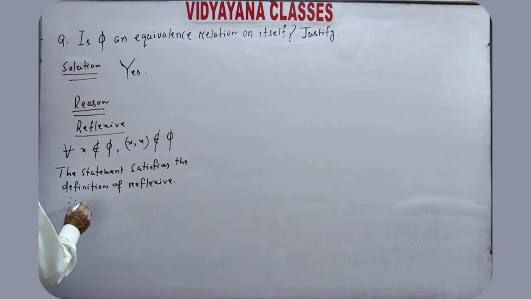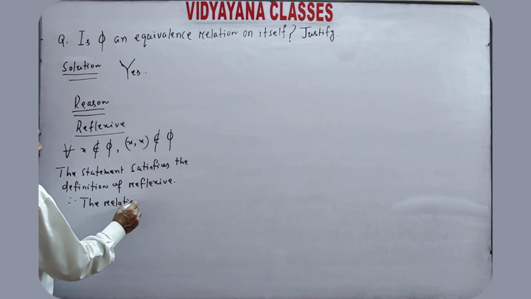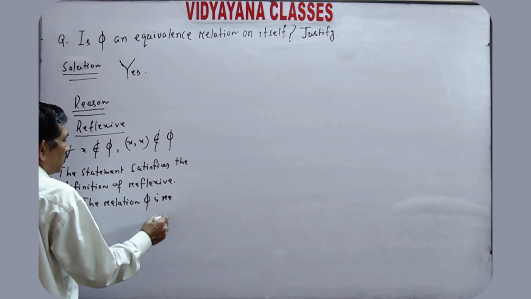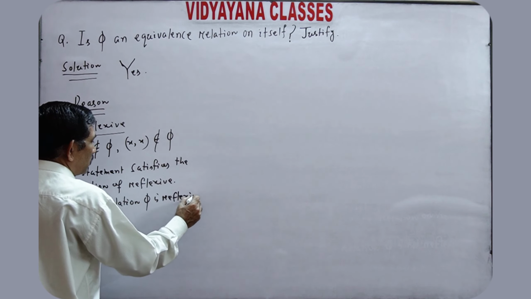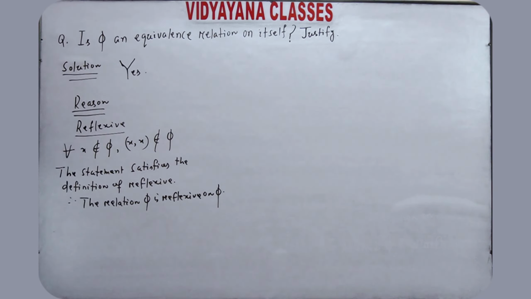Therefore, the relation phi is reflexive on phi, that is itself. So the relation phi is reflexive. Symmetric.